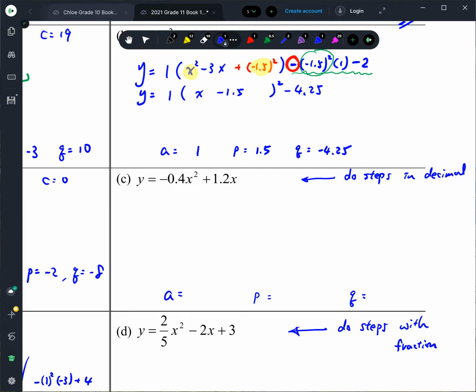Okay, what's your value for A, P, Q? My value for A is negative 0.4, and then P is 1.5, and Q is 0.9.